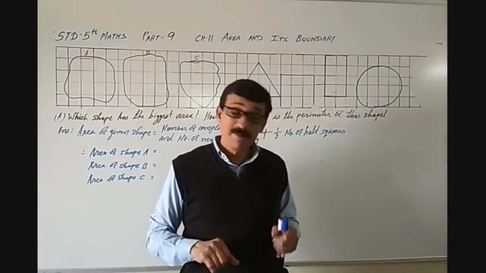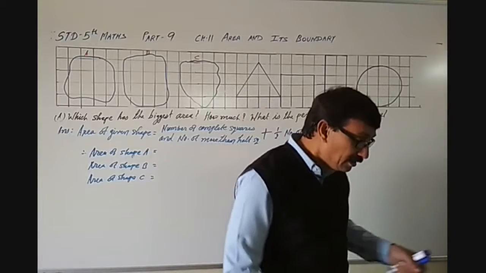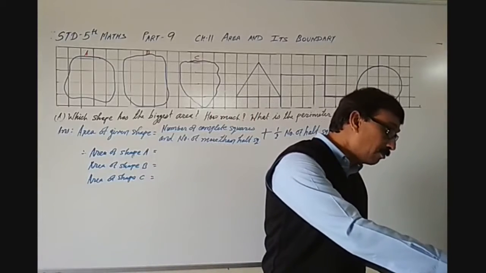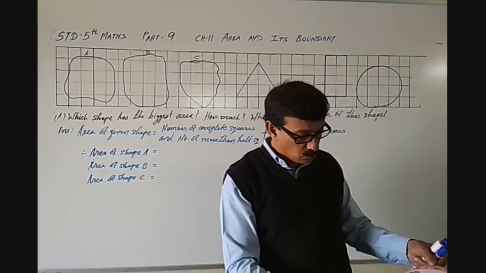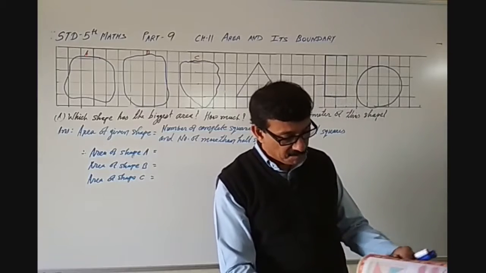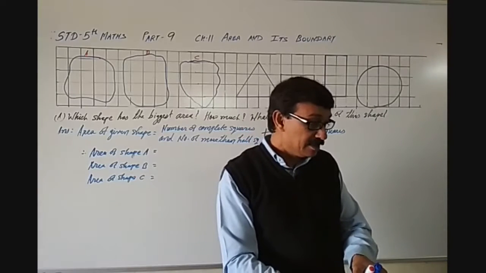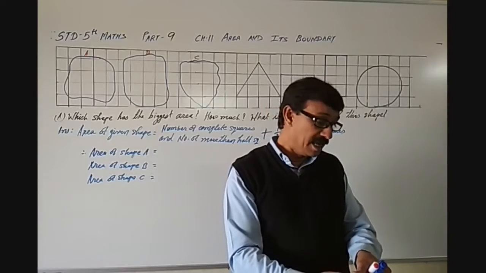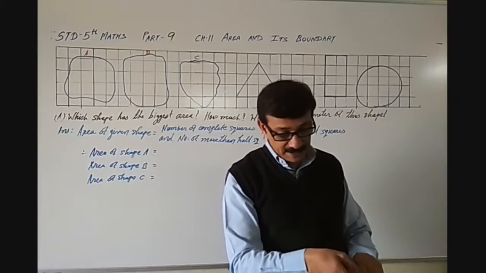Now let me make you remember that in third chapter we did this type of activity. You might be aware of that. See, it is on page number 39. The chapter third name is How Many Squares, in which we did this type of activity.